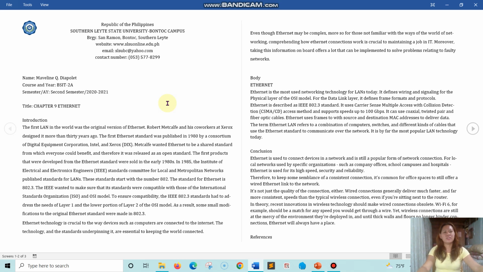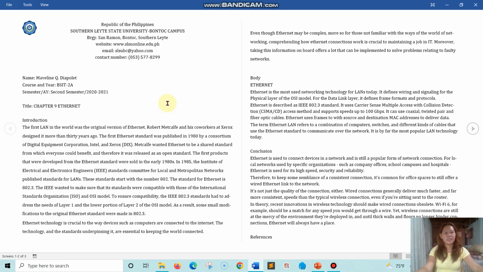Even though Ethernet may be complex, more so for those not familiar with the world of networking, comprehending how an Ethernet connection works is crucial to maintaining a job in IT. Moreover, taking this information on board offers a lot that can be implemented to solve problems relating to faulty networks.